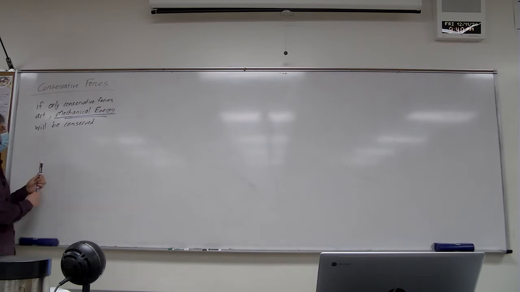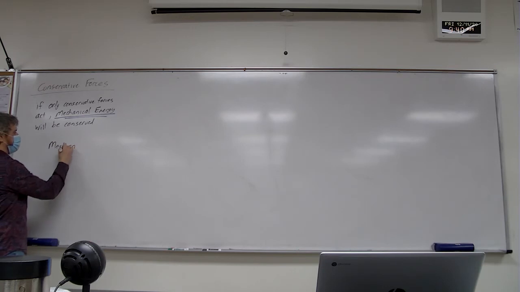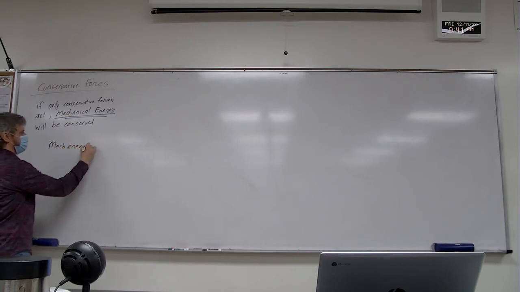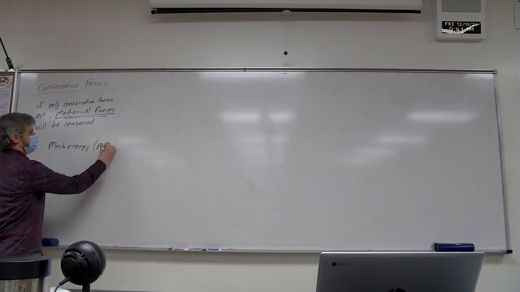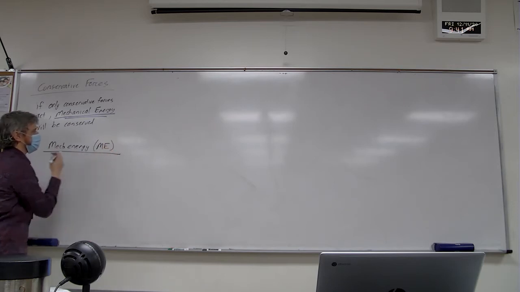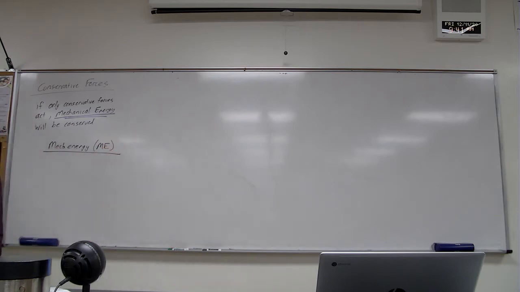So what is mechanical energy? I'm going to define that. Mechanical energy, which we abbreviate as ME. We will experience four types of mechanical energy in this class by the end.